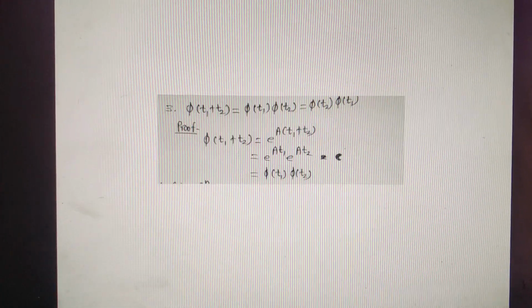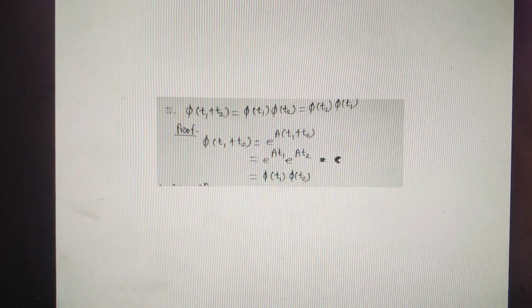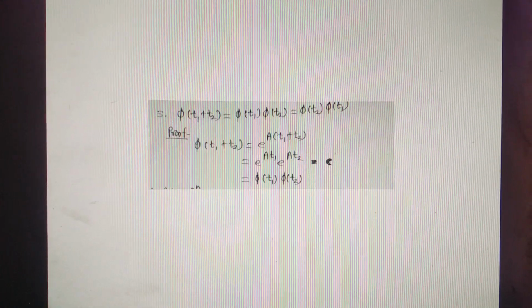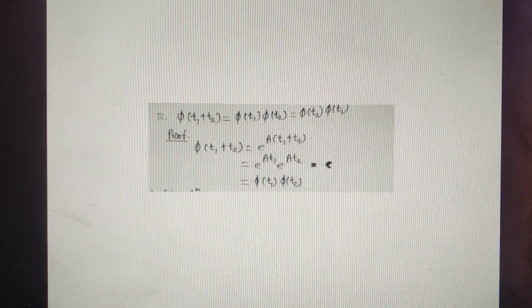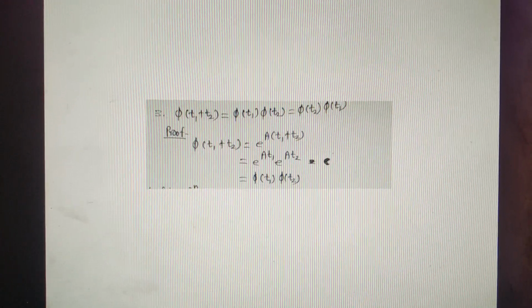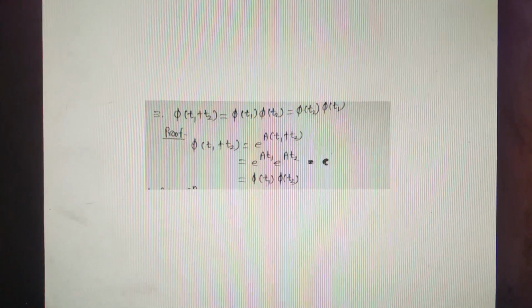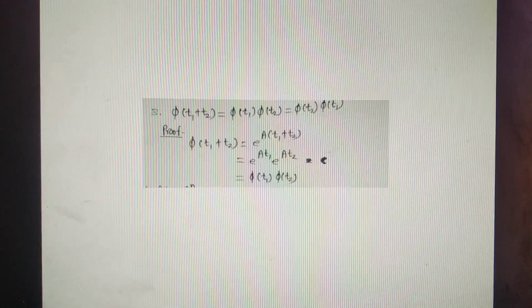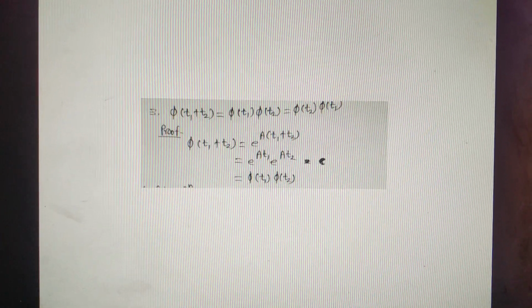Now, phi of t1 plus t2 is equal to e raised to a into t1 plus t2, is equal to e raised to at1 into e raised to at2. What is e raised to at1? It is phi of t1. And what is e raised to at2? It is phi of t2. Hence proved. So phi of t1 plus t2 is equal to phi of t1 into phi of t2.